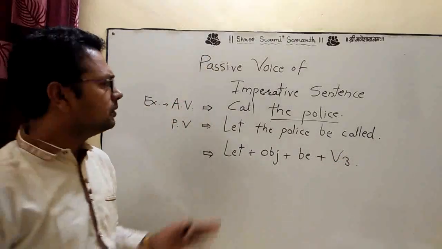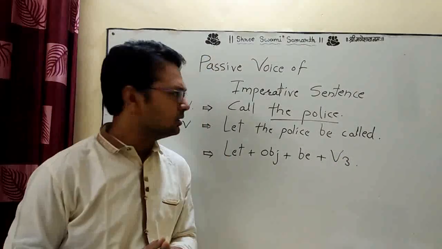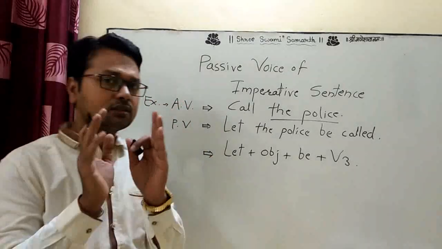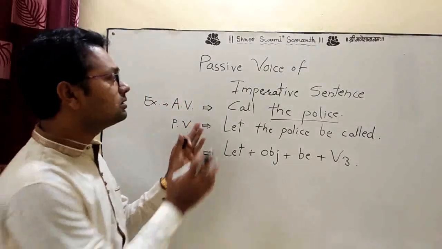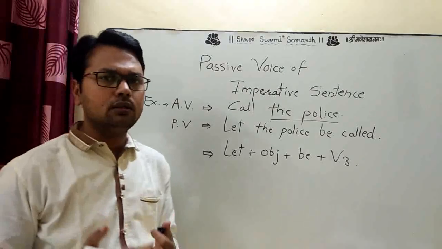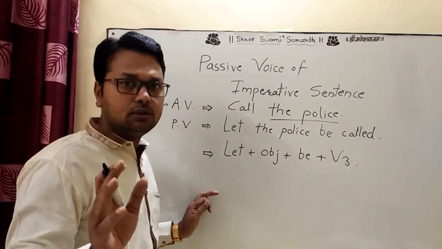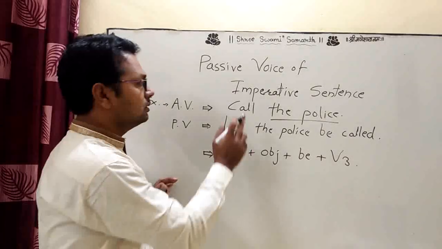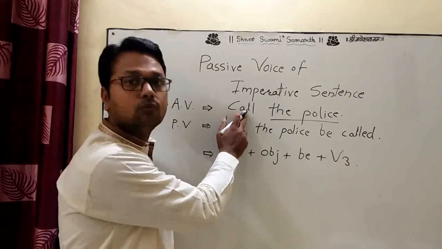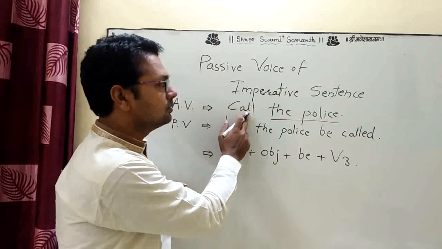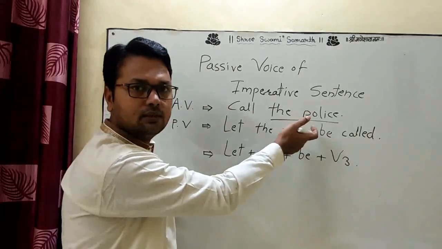It's very easy to make the passive voice of imperative sentence, because we just observe which is the object, and you are confusing where is the object. I told you in the last video that you ask the question to the verb, what? What call? The police. The answer we get police.